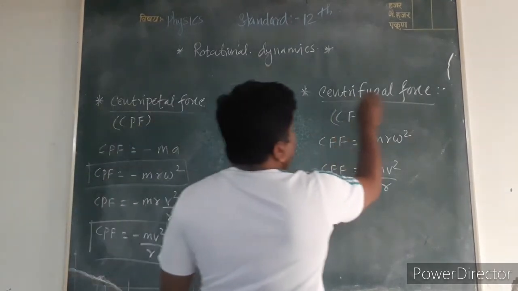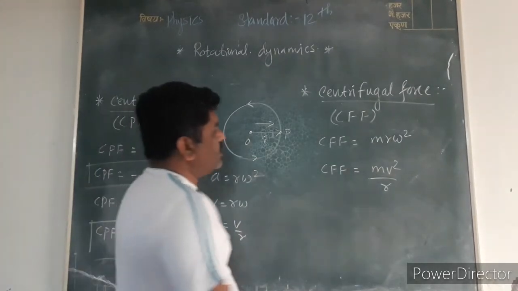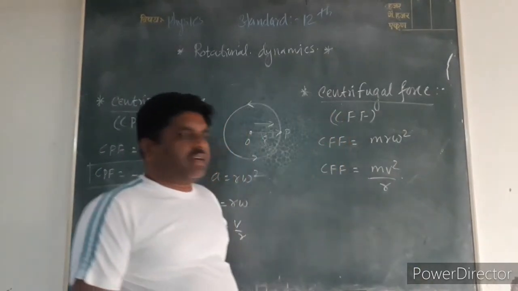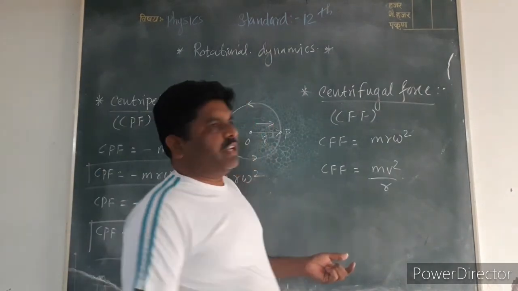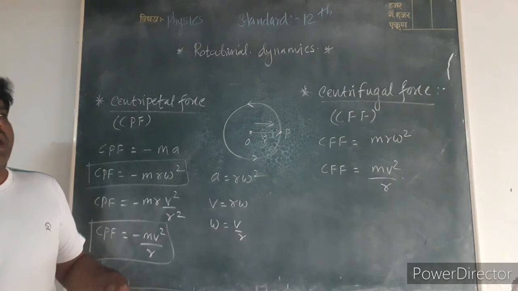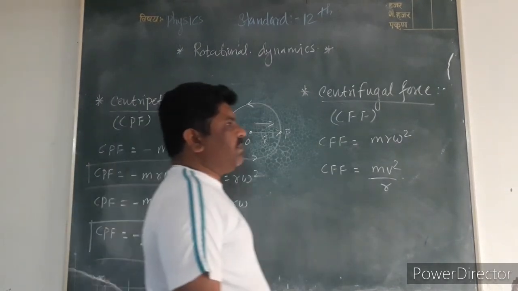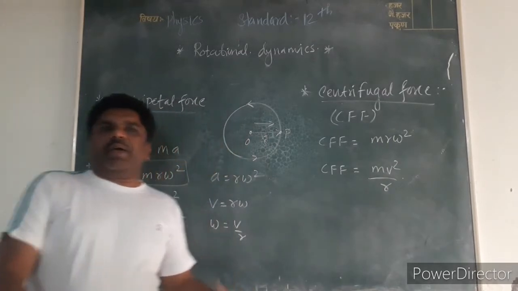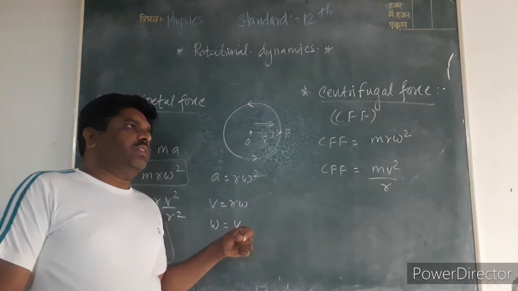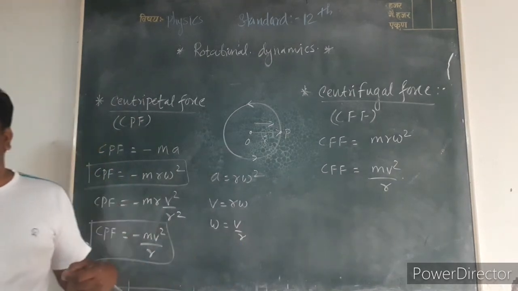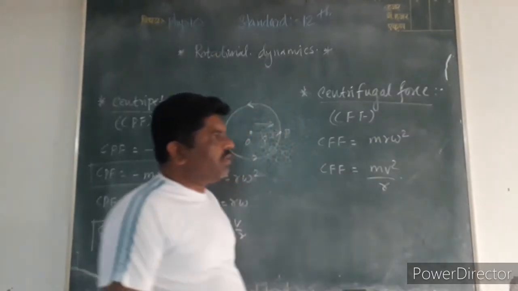Examples of this force: if the car turns, the passenger is moved in the direction opposite to the turn of the car; if the car starts, the passenger moves back; or if the car stops, the passenger is moved forward. These are examples of centrifugal force.